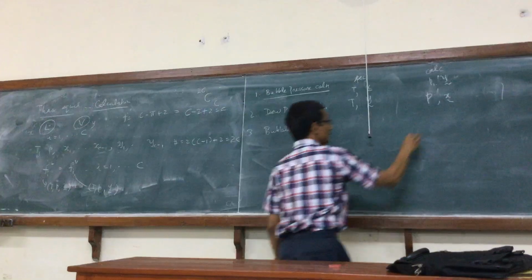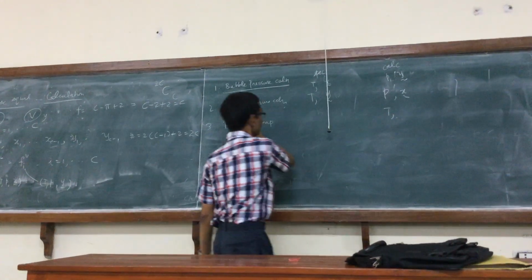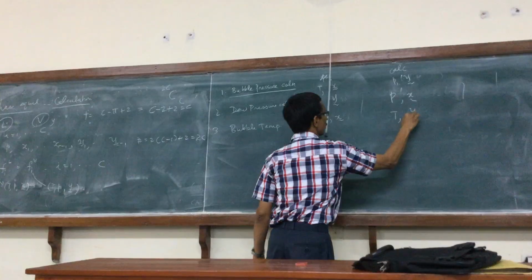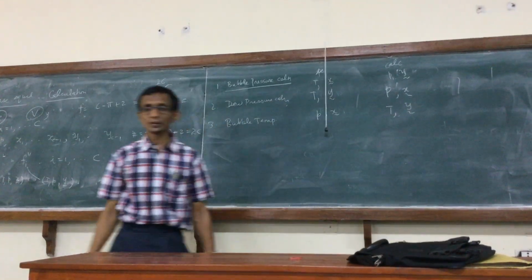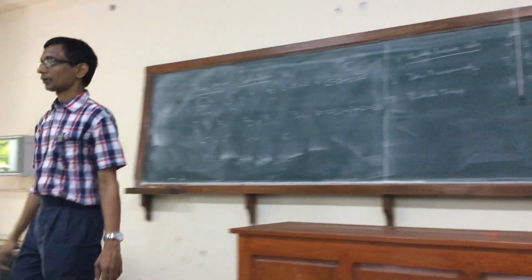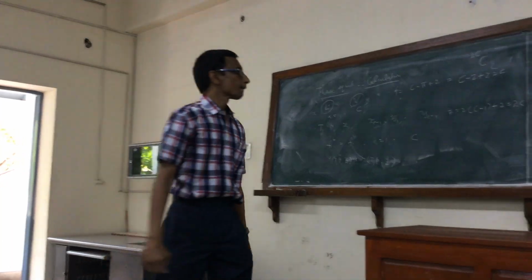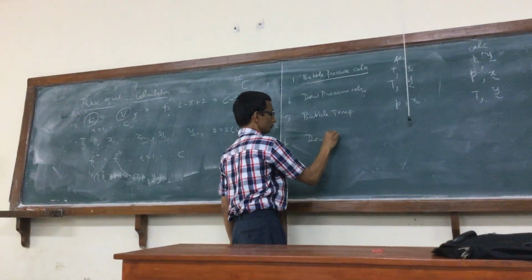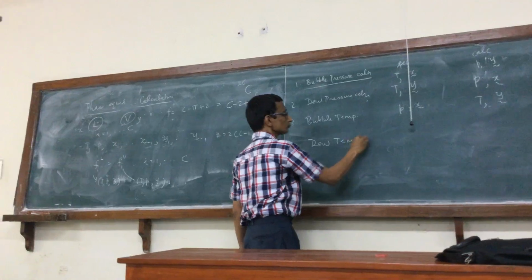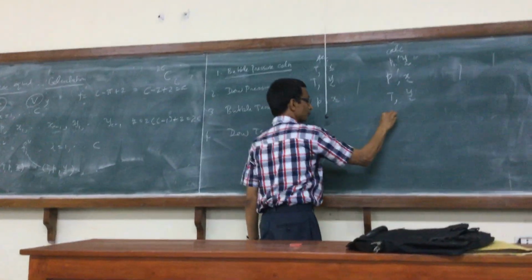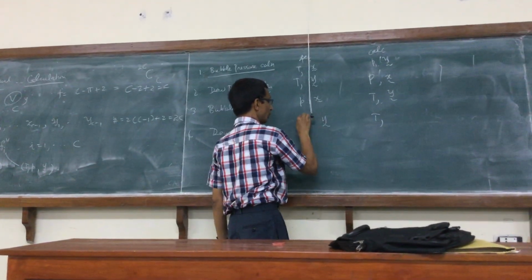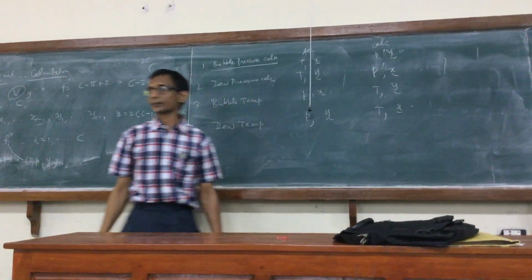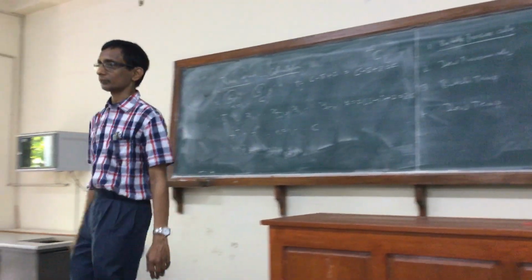Here I have to calculate T, but bubble means I am specifying x. Then the fourth, the dew temperature calculation. Again I have to calculate temperature, but here I specify y, and I have to calculate the vector x.